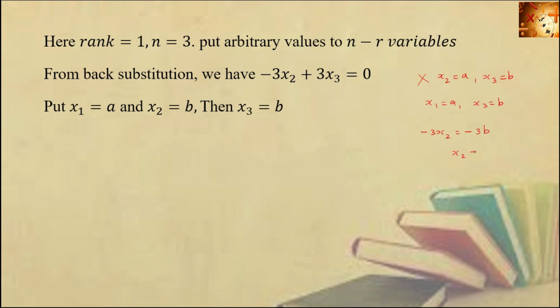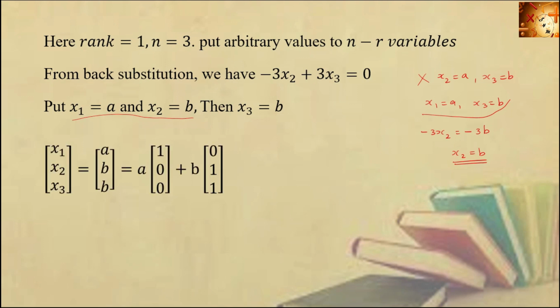So x2 will be b. This is another possible way. So here we want to substitute either x1 equal to a and x3 equal to b, or x1 equal to a and x2 equal to b. Therefore the eigenvector is a, b, b.